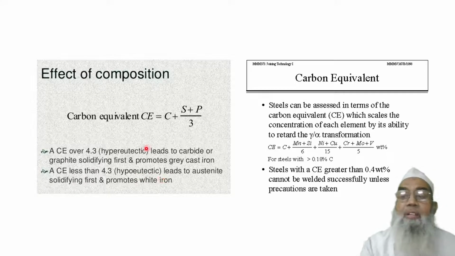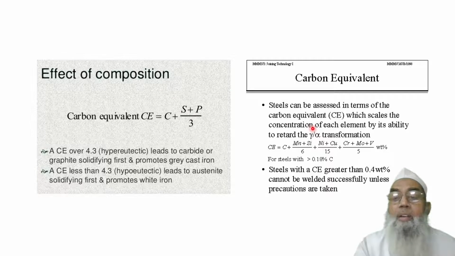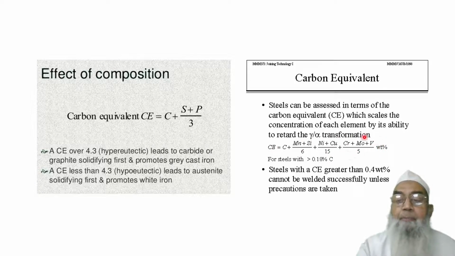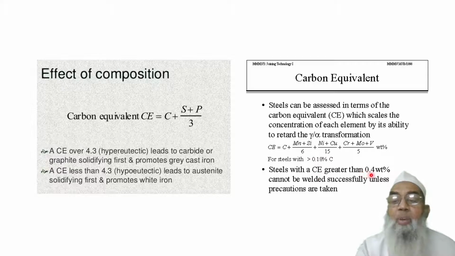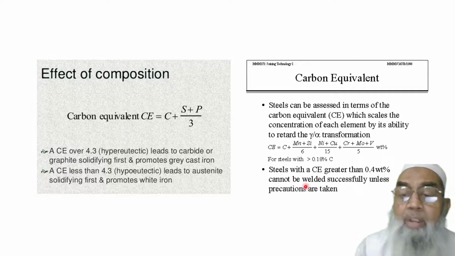Now, another calculation for carbon equivalent for different elements present can be given by this particular equation: manganese, silicon, nickel, copper, chromium, molybdenum, vanadium, etc. Therefore, if different alloying elements are present, we can calculate the carbon equivalent. Still, with carbon equivalent greater than 0.4 weight percent, it cannot be welded.